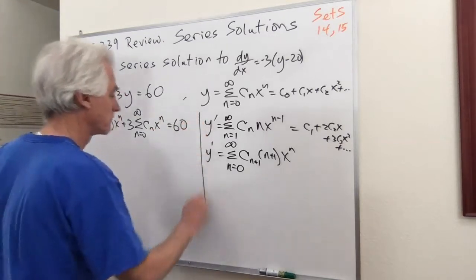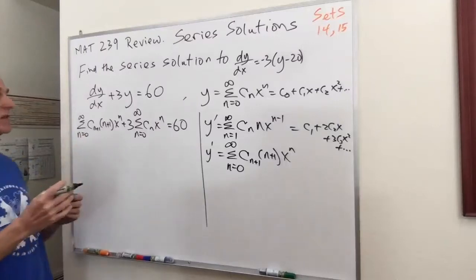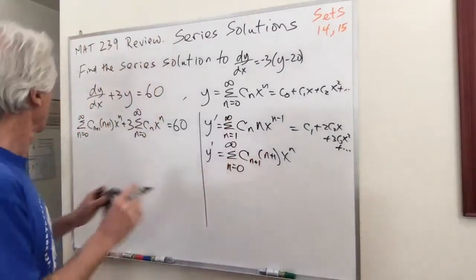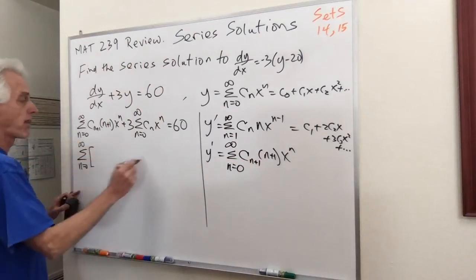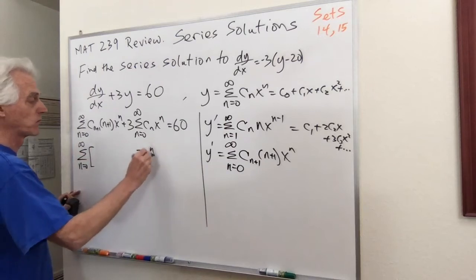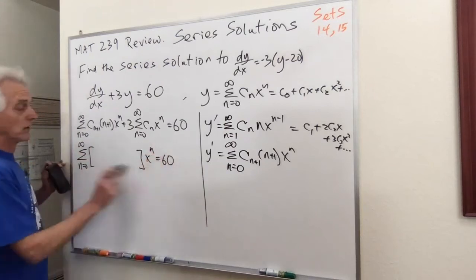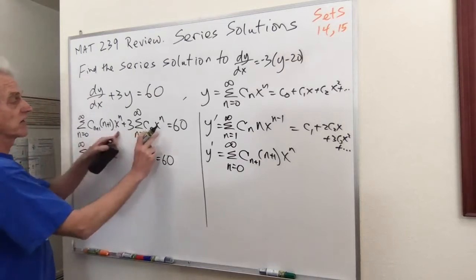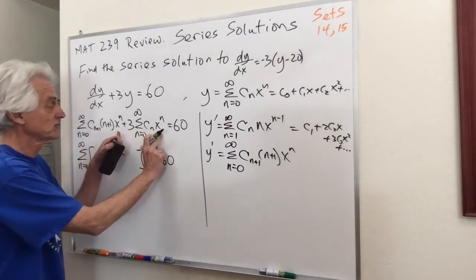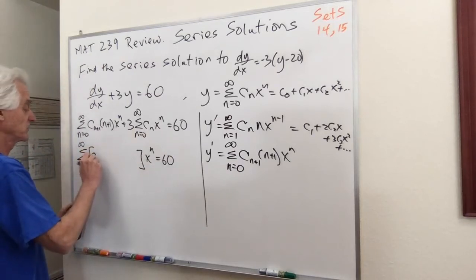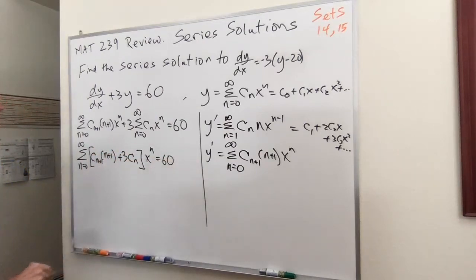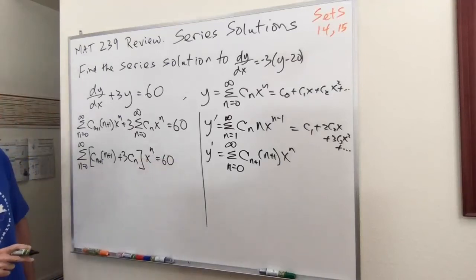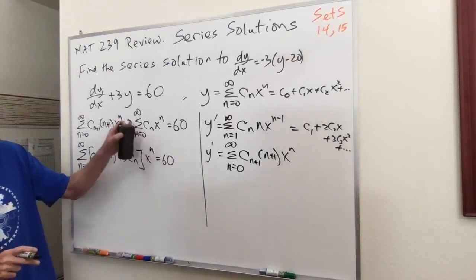All right, so I can combine these into a single sum. I have common factors of x to the n in the two sums, so I can combine them. I get c sub n plus 1 times n plus 1 plus 3cn, and that gives us the same sum.